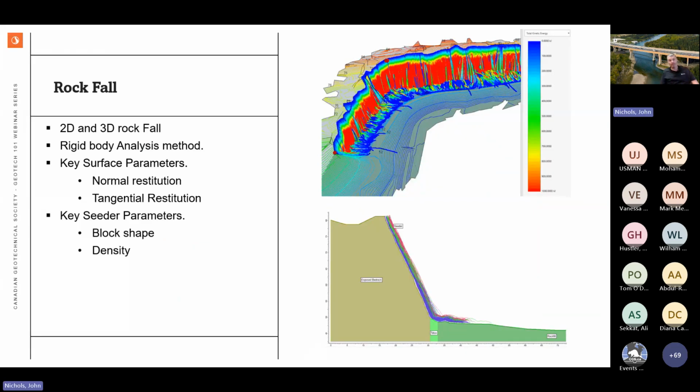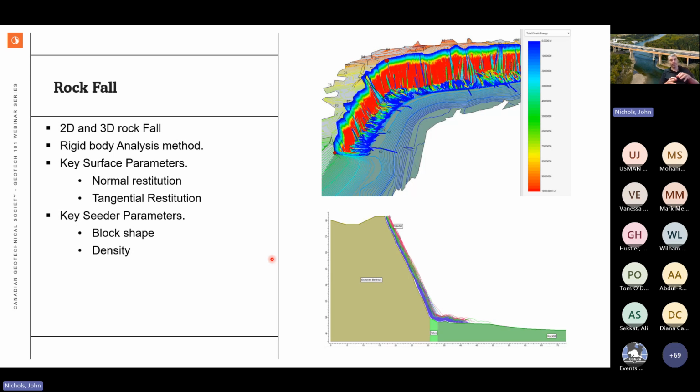How we deal with rockfall is a little bit different. If we know this source rock or these fractured blocks are present, and we're going to design for these and analyze how they impact the site, we have to roll them down the hill. So we use 2D or 3D models, and we pick certain block sizes and densities.